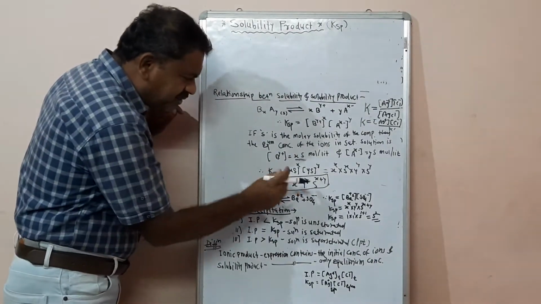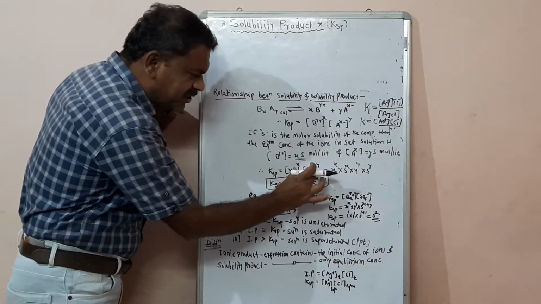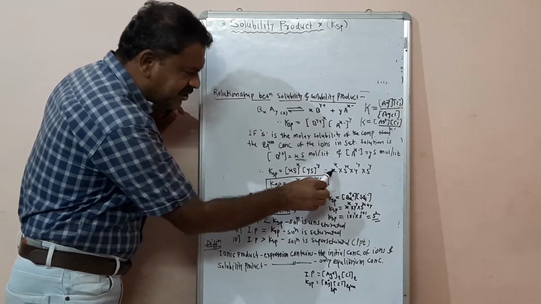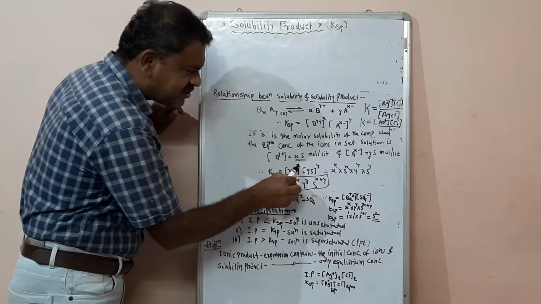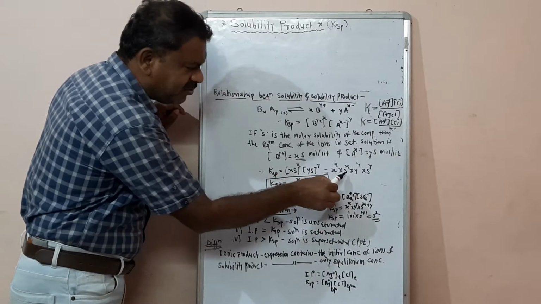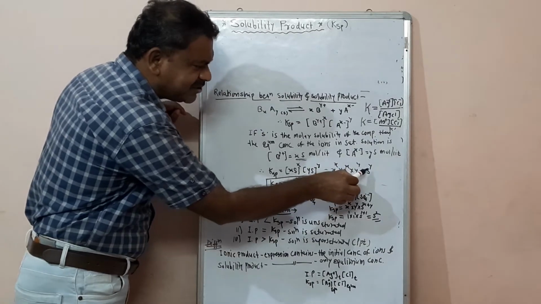Therefore, the product of the solubility S and S. Now x raised to x and S raised to x, put the values here, separately, and y raised to y and S raised to y.